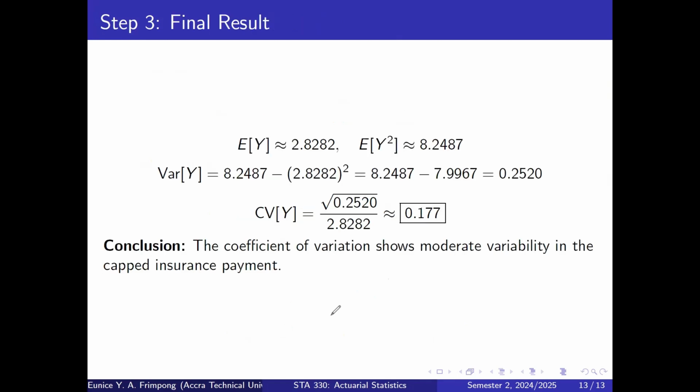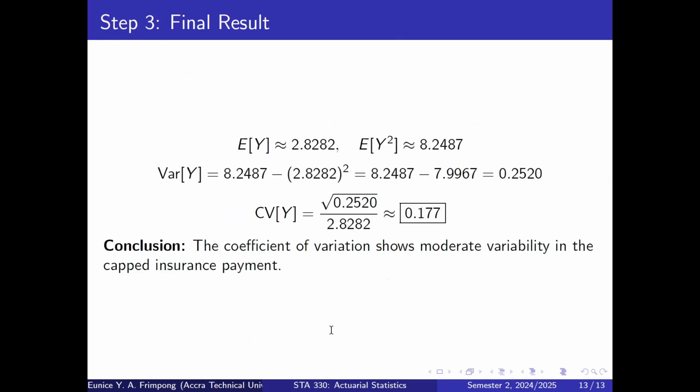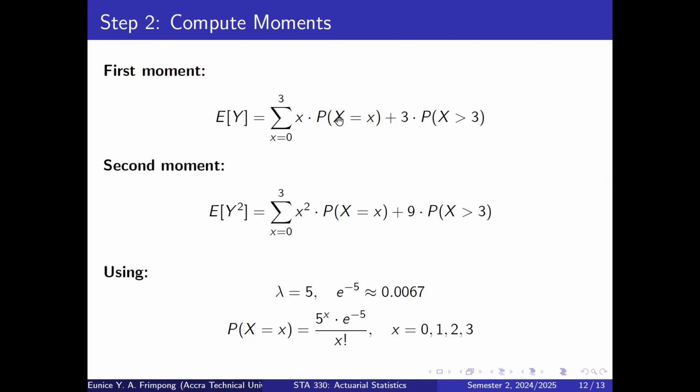So you can fix in the values accordingly. We have the expected value of Y being equal to 2.8282, and then the second moment of Y being equal to 8.2487.